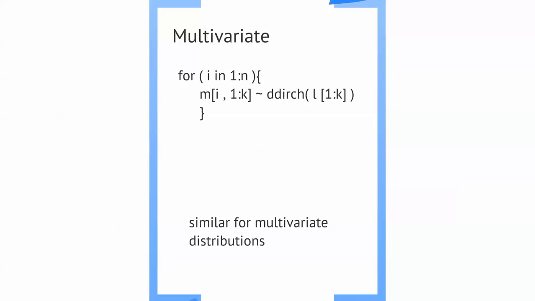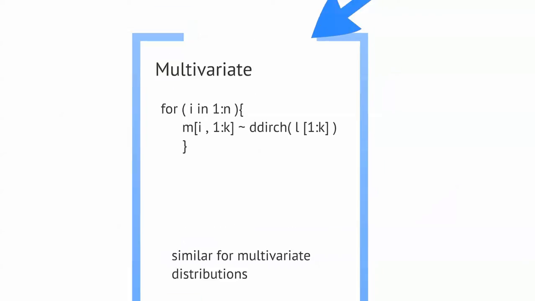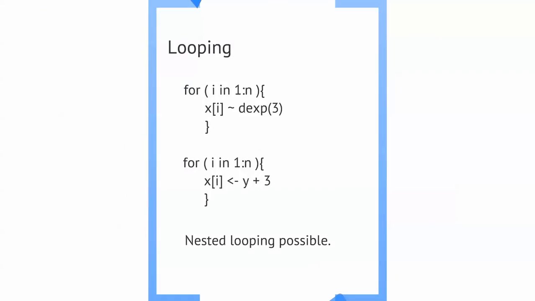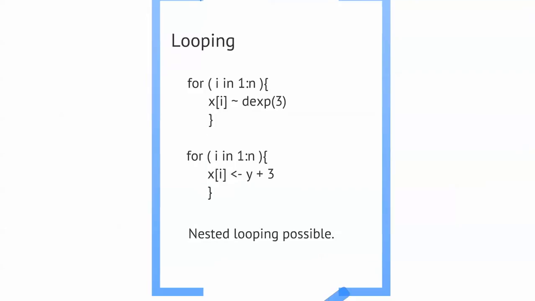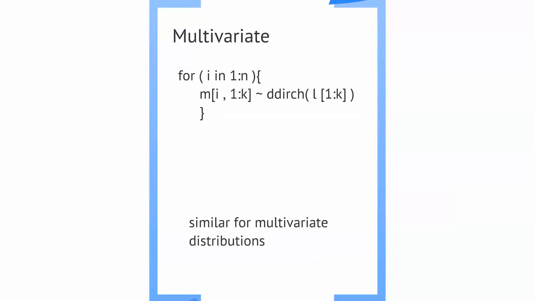So you have to specify the elements as well and the index of the elements as well. Just like looping, when we were dealing with just one element, now we are dealing with multiple elements because we have specified the index of it.